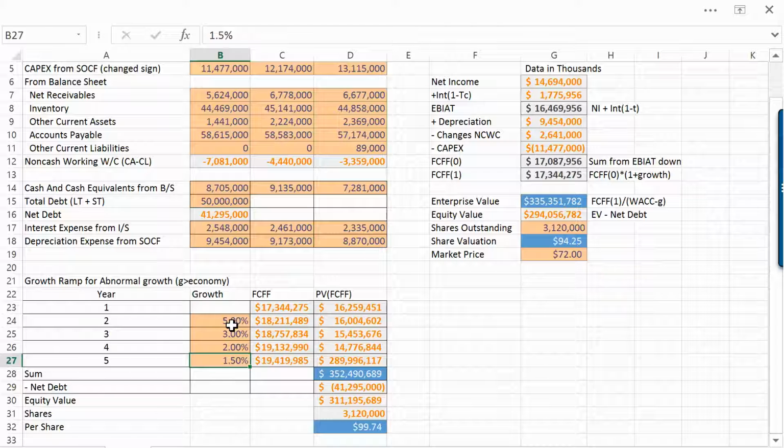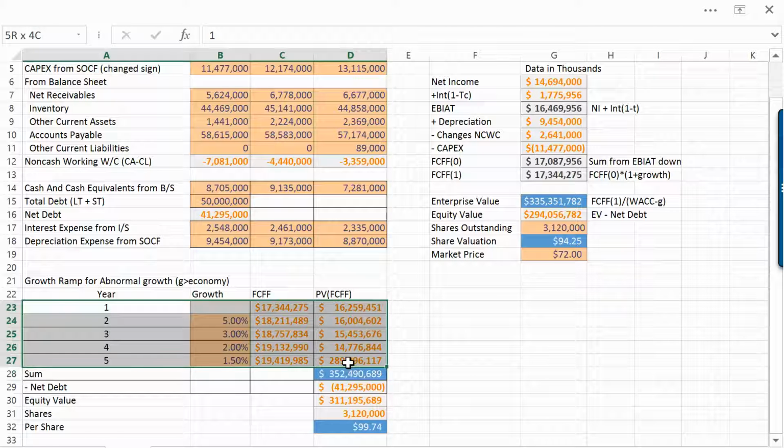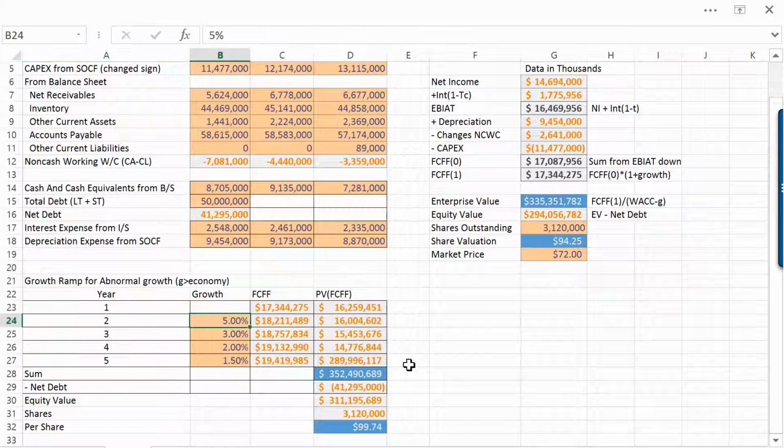And you can do as many iterations as you want. And what this is doing is the growth ramp. And now the number of years depends on how long you believe it'll take to get to perpetual growth. So if you think it's going to grow at 5% next year, and then 3, then 2, then 1.5 forever, you can probably get away with a 3 or 4 year growth ramp.